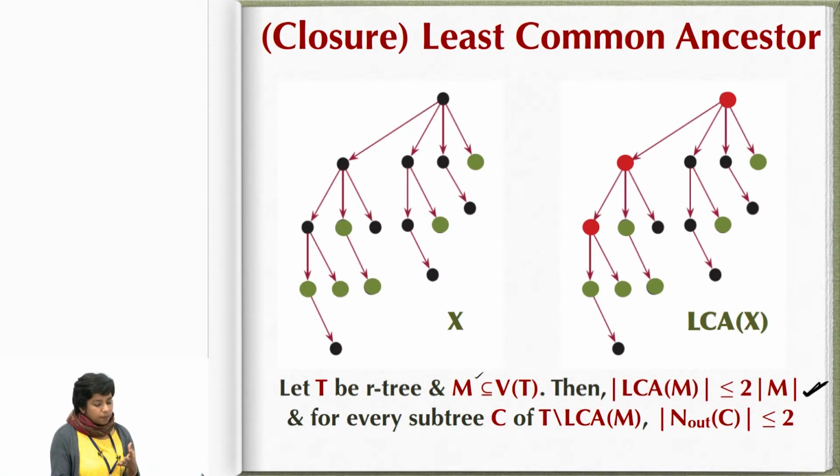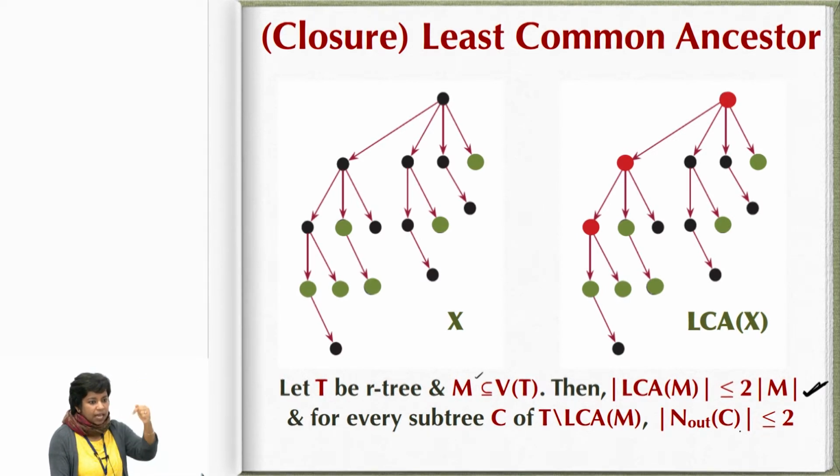And also, for any subtree you find in this graph, imagine I remove this green and the red vertices completely. In the subgraph that I have, obviously it will be a disconnected graph. For any subtree I find, if I look at the neighbors of its vertices that are not part of the subtree, that are outside, there can be at most 2 of them.